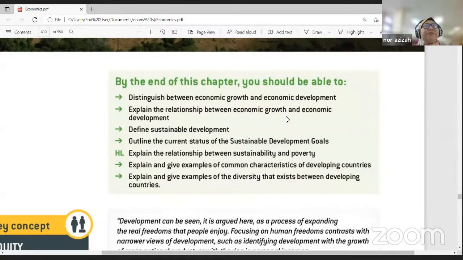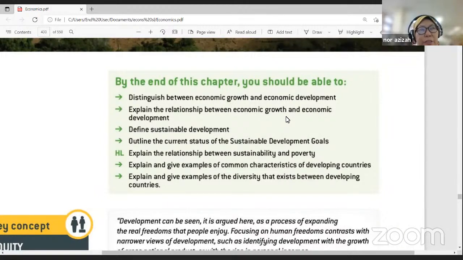We need a bigger font. Quite a number of these are recap questions, but towards the end, only then we move into what we are actually looking at in chapter 4, which is economic development.